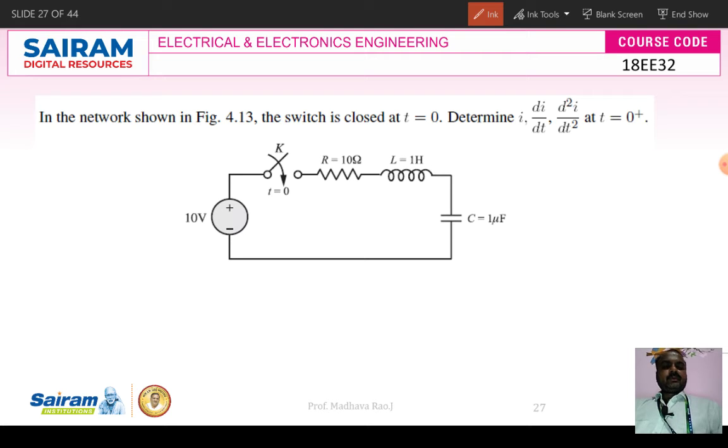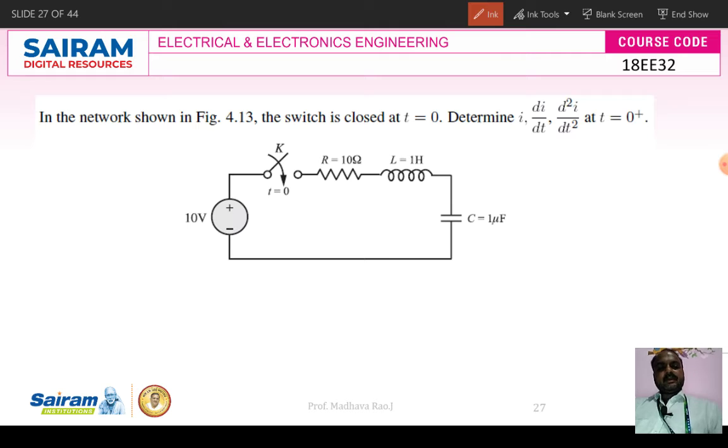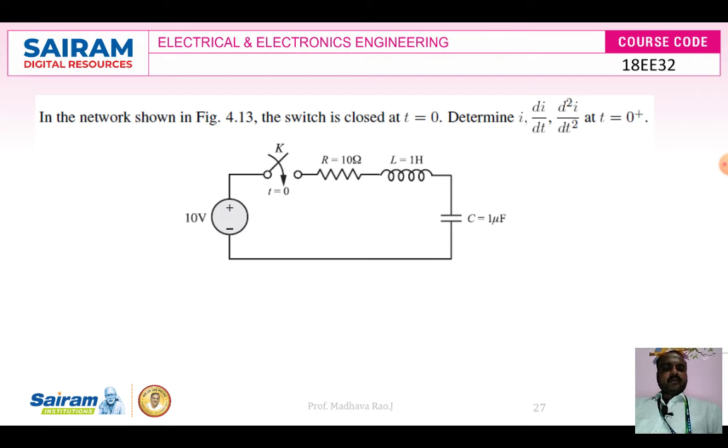Already we have seen that in any circuit or network consisting of an inductor in series, the current i will be 0 at the switching instant. Since the inductor acts as an open circuit, the current flowing through this circuit will be 0. So blindly we can write that the i value is 0, because the inductor is connected in series.